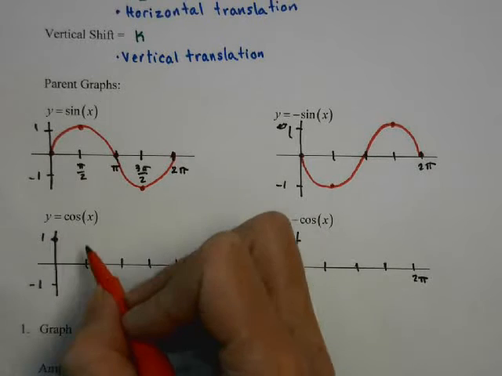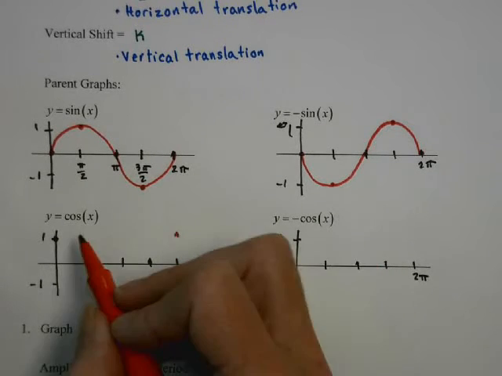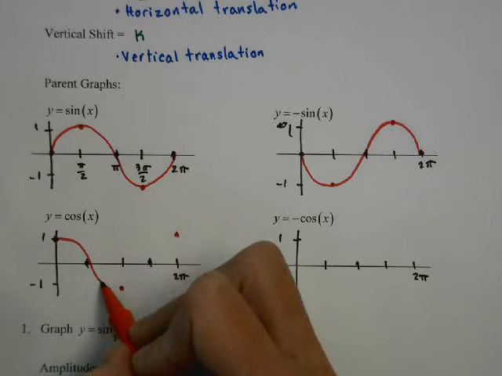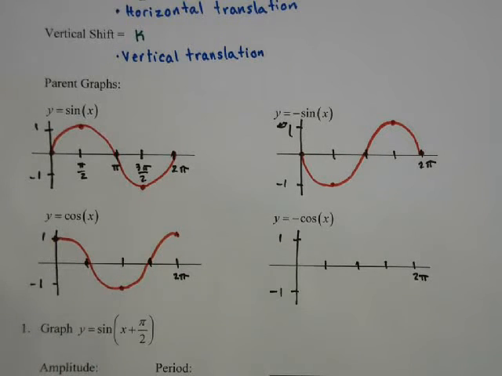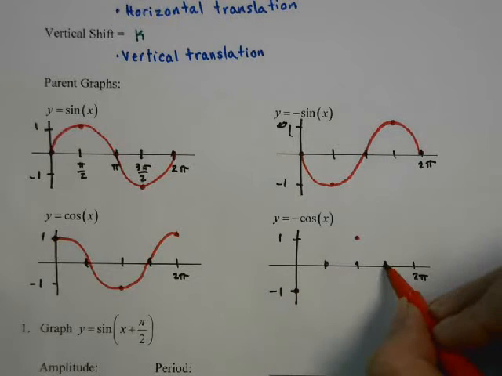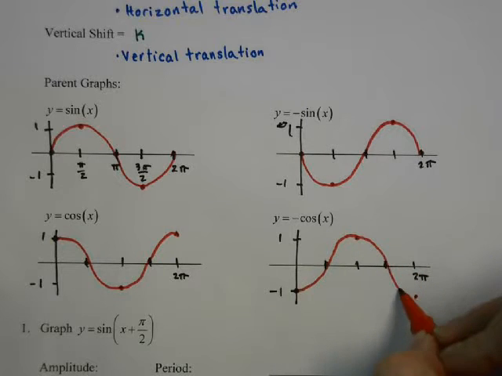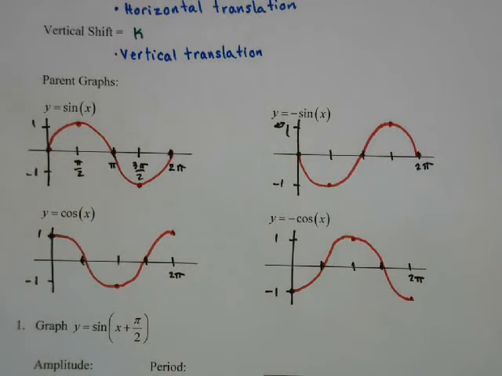Cosine is going to start at the maximum, go to the midline, to the minimum, to the midline, to the maximum. Negative cosine is going to start at the minimum and cycle through those 5 points. So these 5 points must be clearly labeled on your graphs to get credit for them.